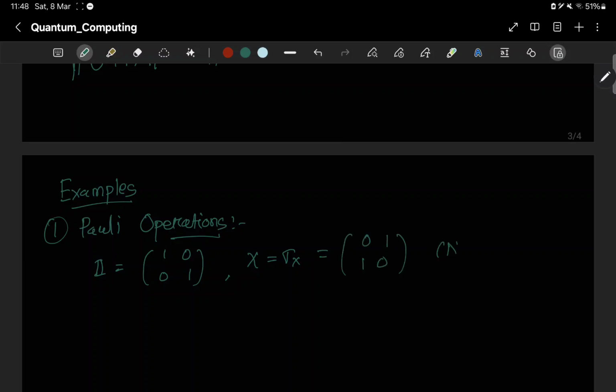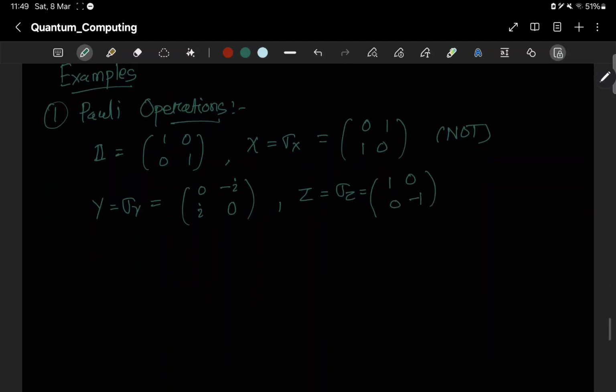That's also called the NOT operation. Then we have Y, or sigma Y, which is represented as 0 minus i, i 0. Then we have sigma z, or Z. This is called the phase flip operation, 1 0 0 minus 1.